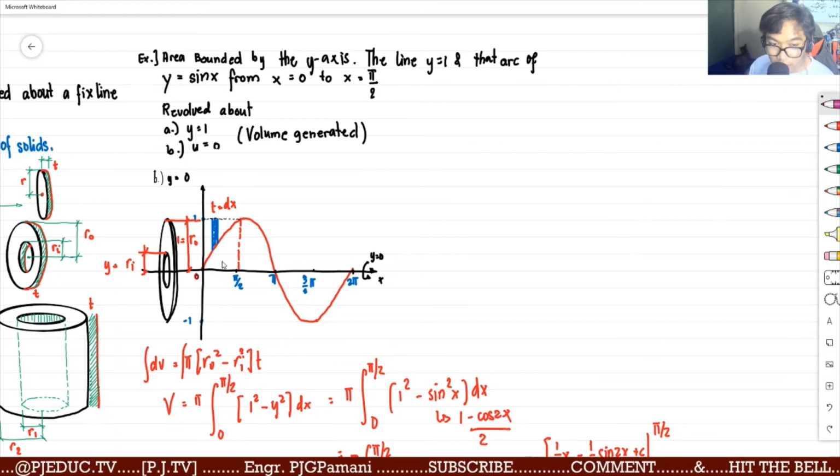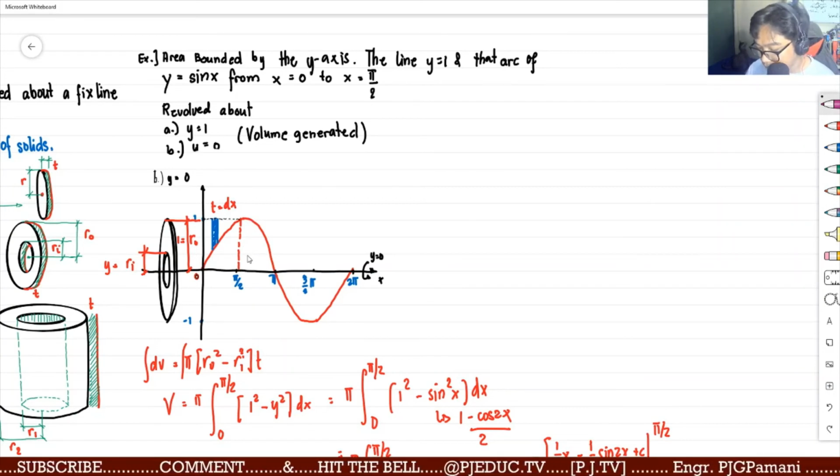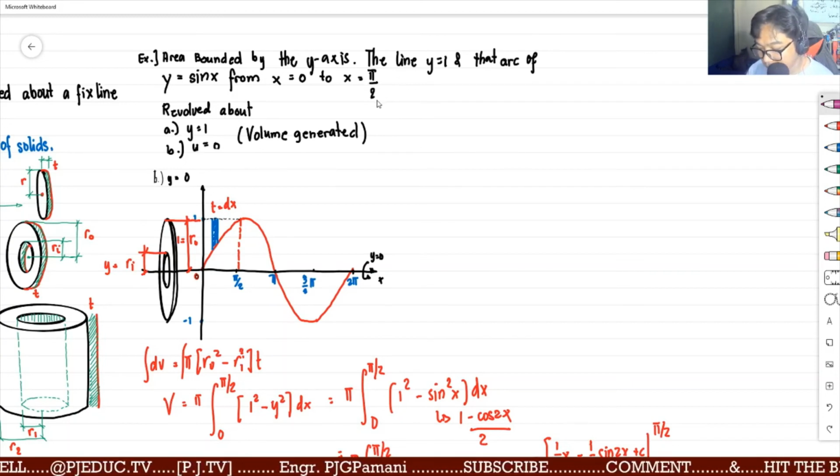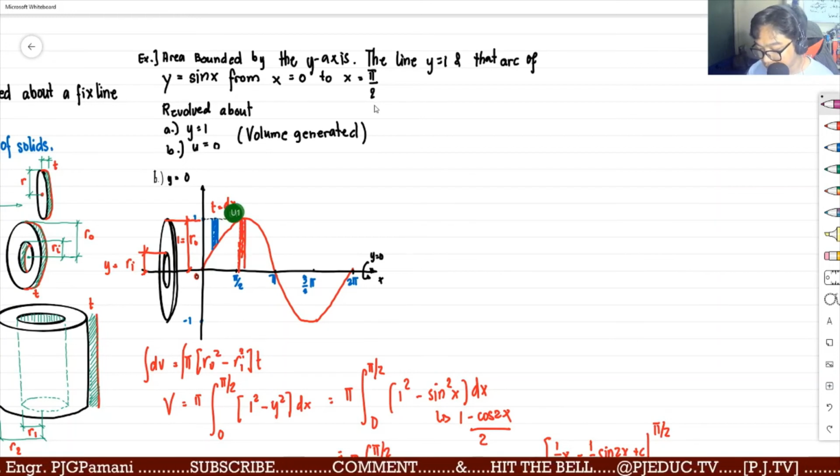E, paano from 0 to pi? If it is 0 to pi, nandito na yung inyong element. Let me reiterate. If it is 0 to pi, if you're now asked to identify the area bounded by the y-axis, line y equal to 1 and the arc of y equal to sine x from x equal to 0 to x equal to pi, meaning you will then assume your vertical strip on this section.